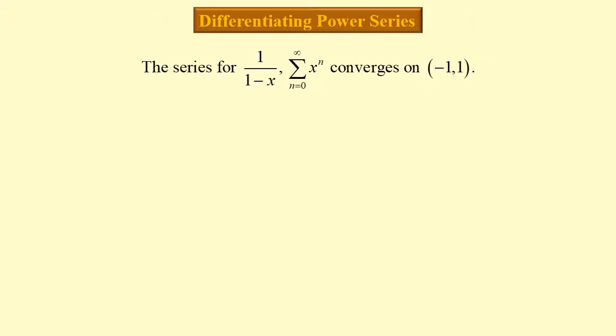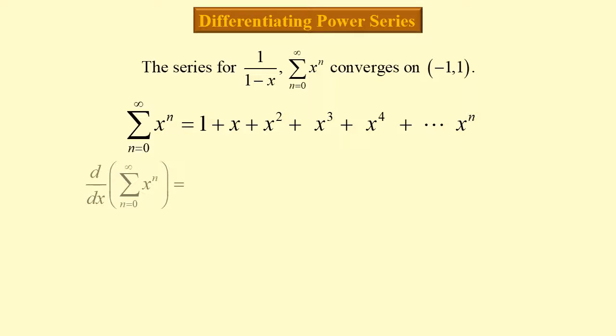Now, using the power series for 1 over 1 minus x, we're going to expand it out and show you that when we do the derivative of the power series, we could simply do the derivative of each term individually. The derivative of the 1, the derivative of the x, the derivative of the x squared, derivative of x cubed, derivative of x fourth, and so on.